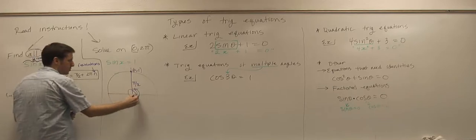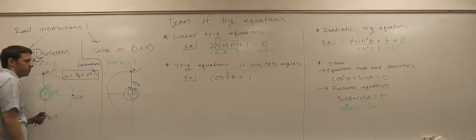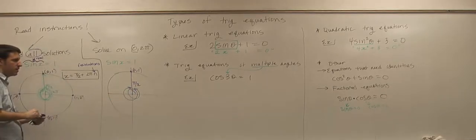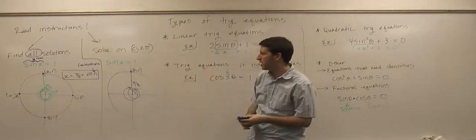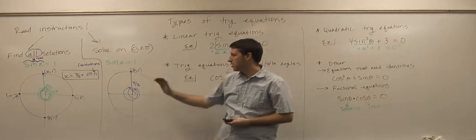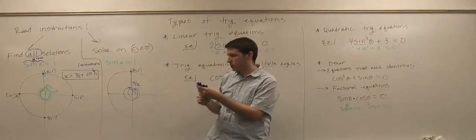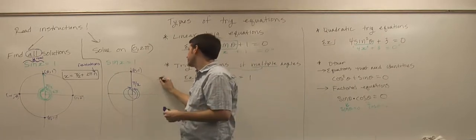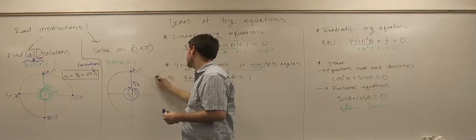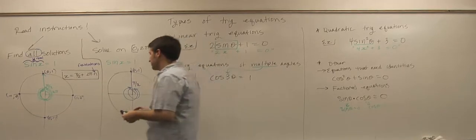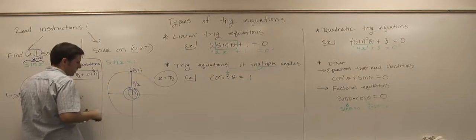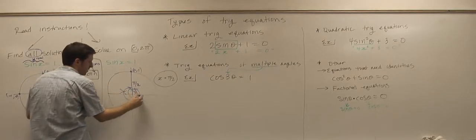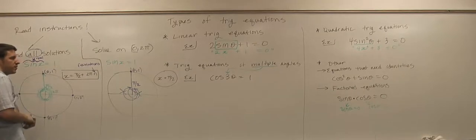And if I go a full revolution backward, I'll be less than 0. So if you're stuck between 0 and 2 pi, your only answer for this is pi over 2. These are no good. These extra revolutions can't happen.